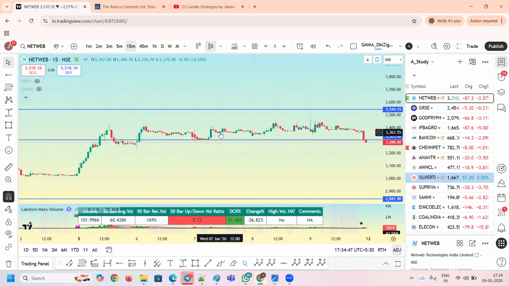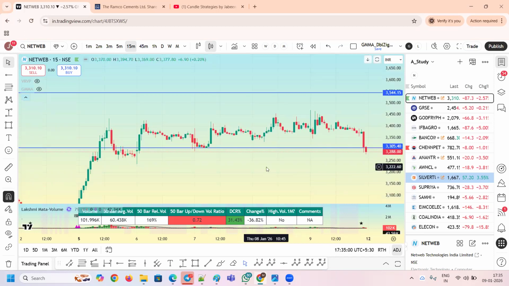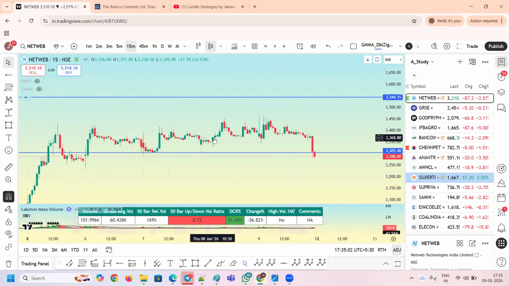Obviously, there will be a pullback, and I can't lose this profit to the market, right? Because this is huge money, though it looks small. It moved from 332 to 386. 50, 60 rupees is there in that candle. I can't leave it to the market. See this candle. The moment it crosses, one candle is enough, because I know if it is struggling this much, it may not go up.